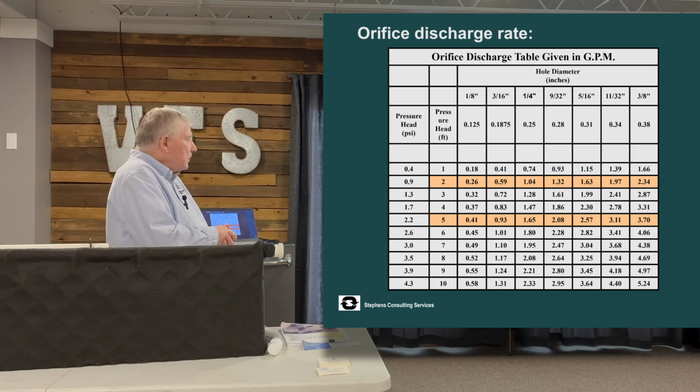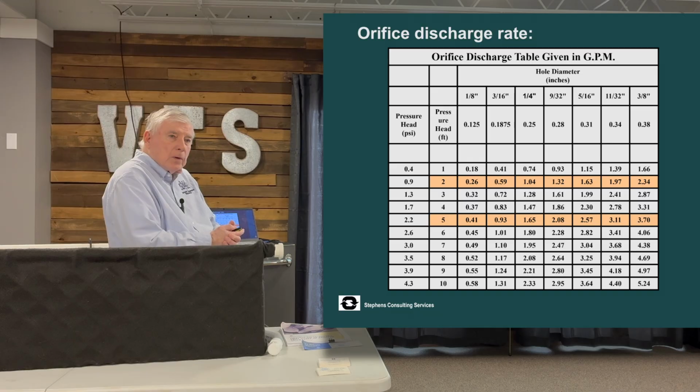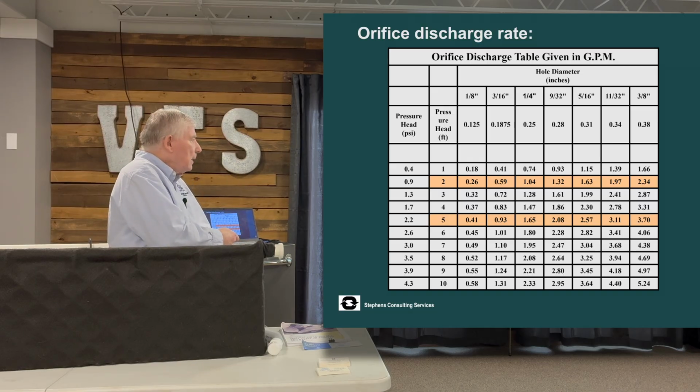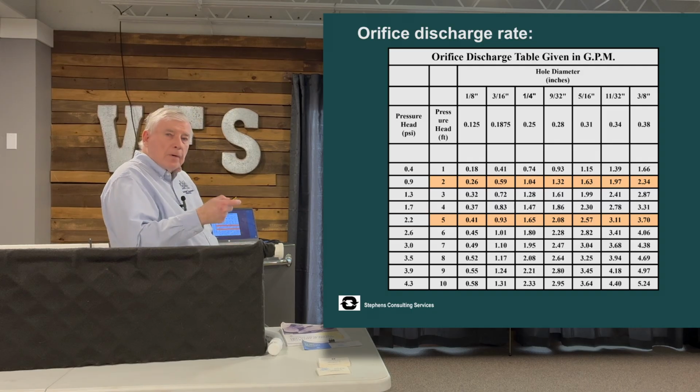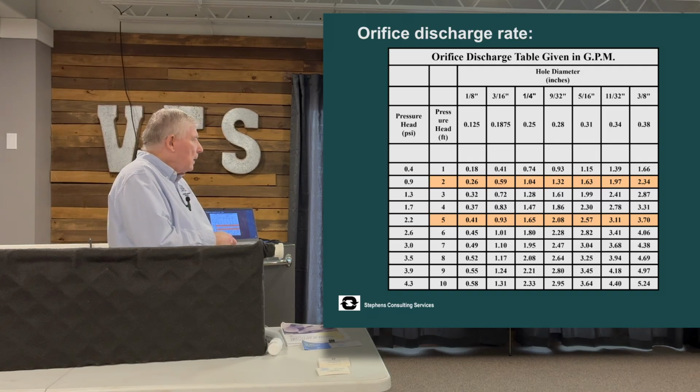If you went to 6 feet of design head, in other words, you've got some laterals that are a foot lower, so it's 6 feet now driving that flow, it's 0.45. So it's only 0.04 of a gallon per minute difference in a foot of fall. It's another 0.04 of a gallon per minute if you go to 7 feet.